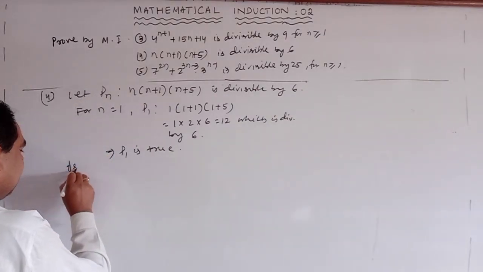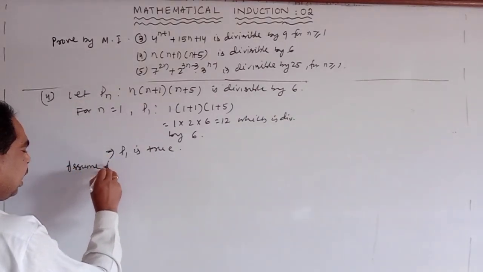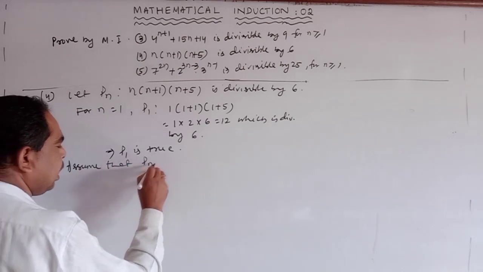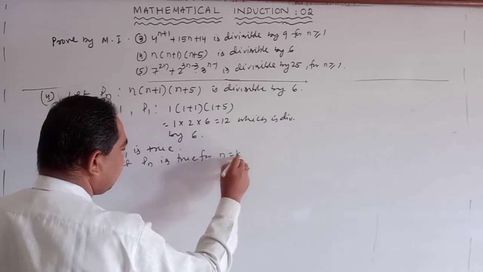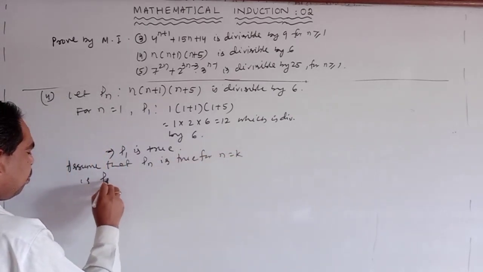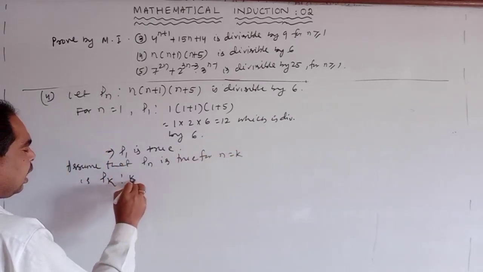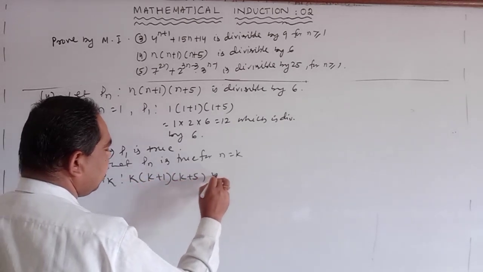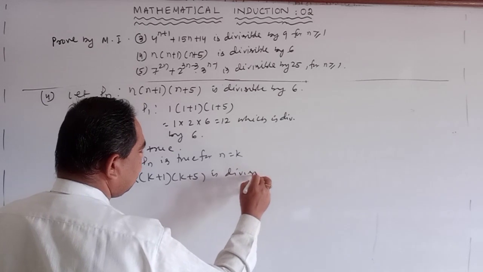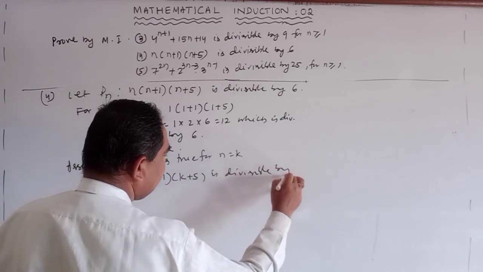Assume that Pn is true for n is equal to k. That is, Pk such that k into k plus 1 into k plus 5 is divisible by 6.